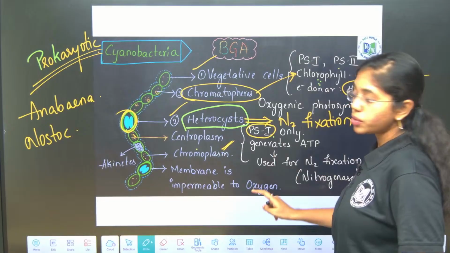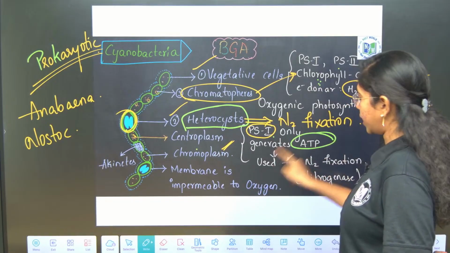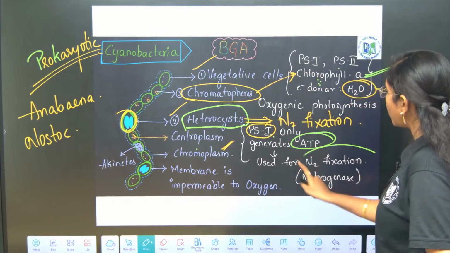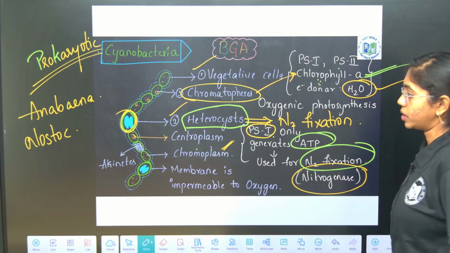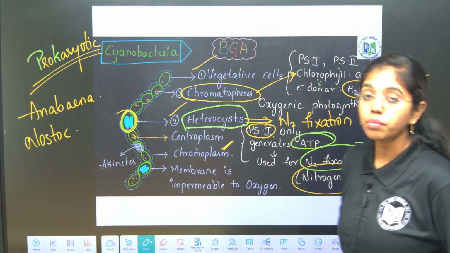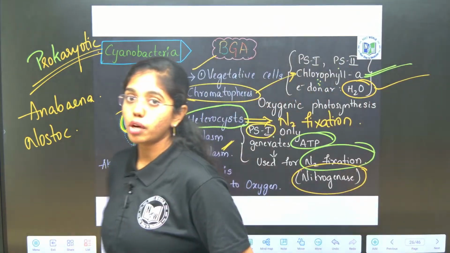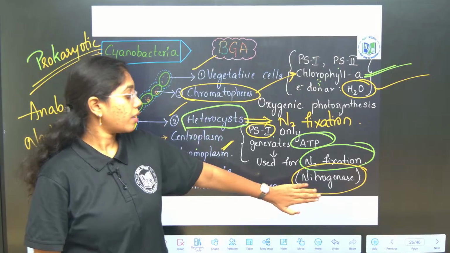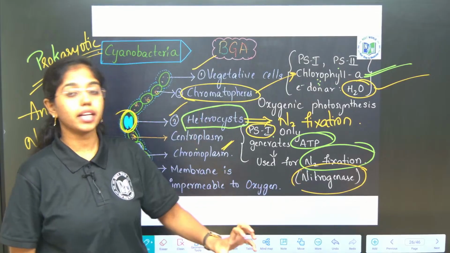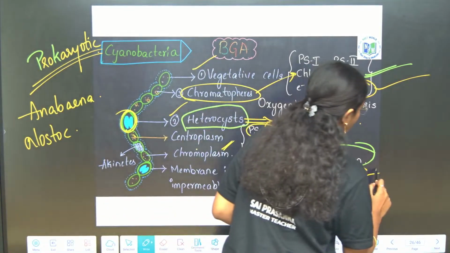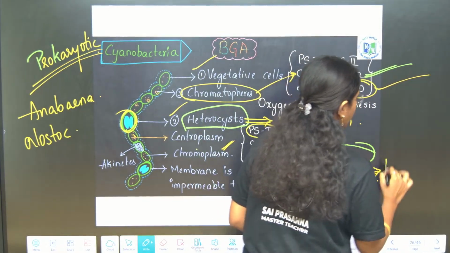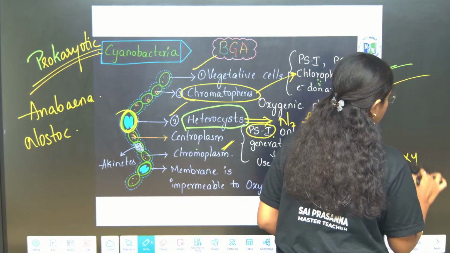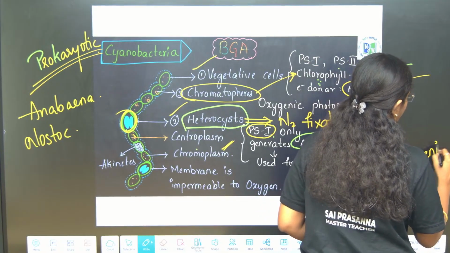Only PS1 is present, which generates ATP, and this is used for what? Nitrogen fixation, and it has the enzyme nitrogenase. Nitrogenase is the enzyme which aids the process of nitrogen fixation, and the nitrogenase enzyme is active only in anoxygenic conditions.